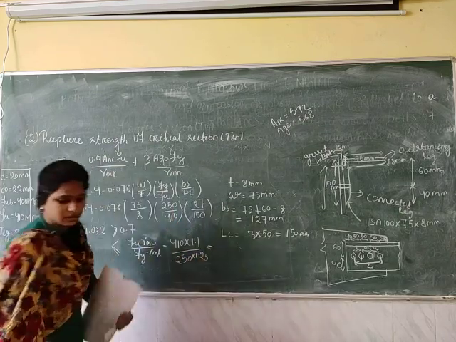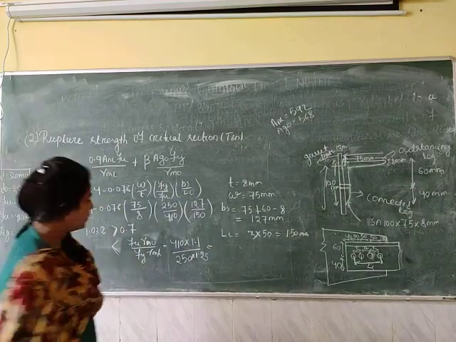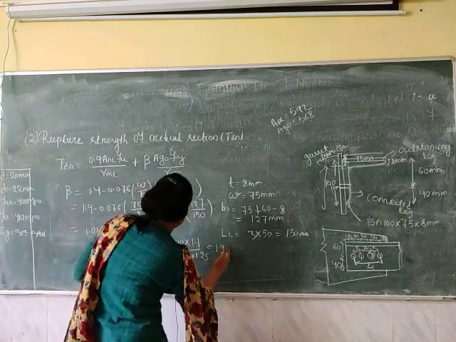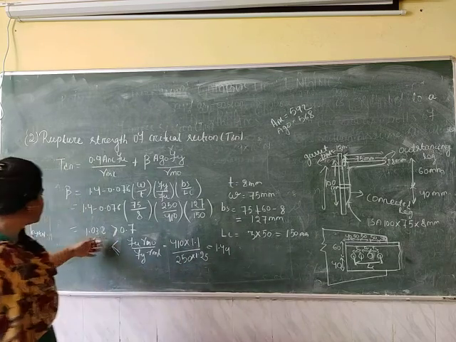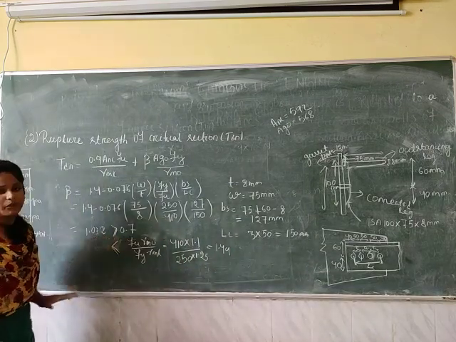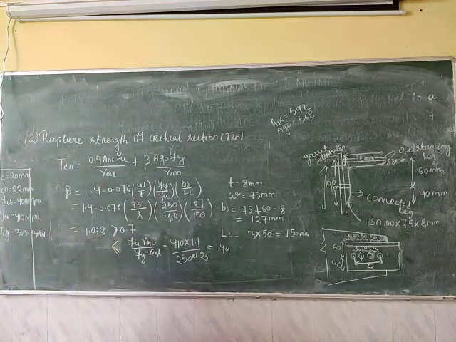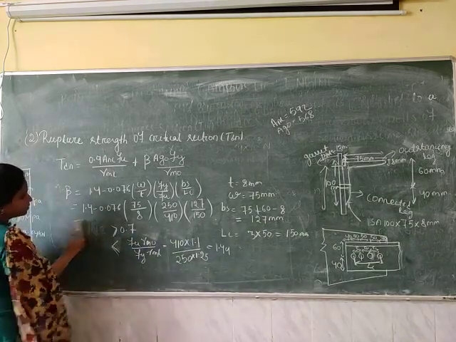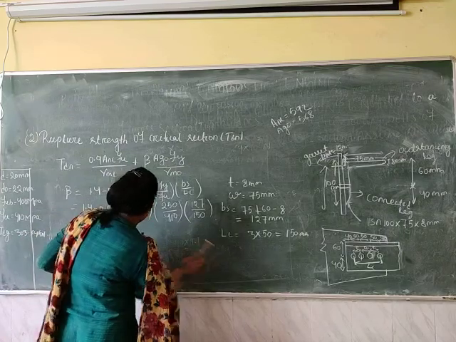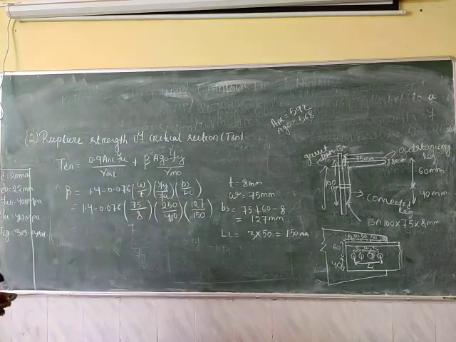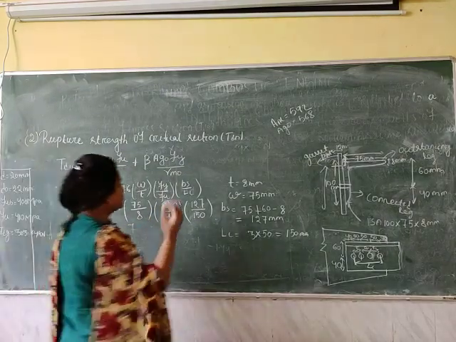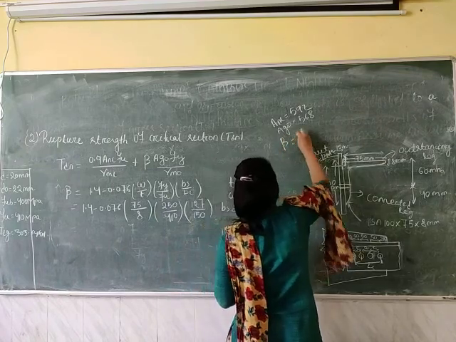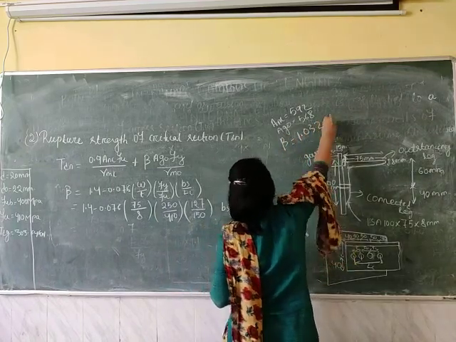So this is 1.44. Okay, so 1.032 is less than 1.44. So the value of the beta is coming in the range between 0.7 and 1.44, so the value is okay. So the beta value has come 1.032.